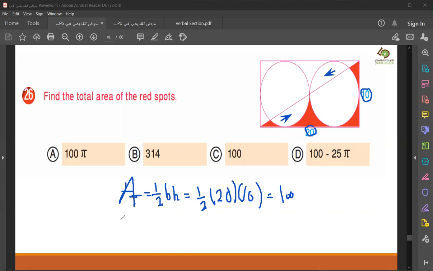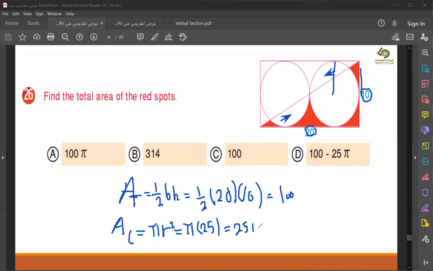What is the area of the circle? What is the rule? Pi r squared, right? So what is r? Because I have here the diameter, it is 10, so the radius will be 5. So 5 squared is 25, so it is 25 pi.